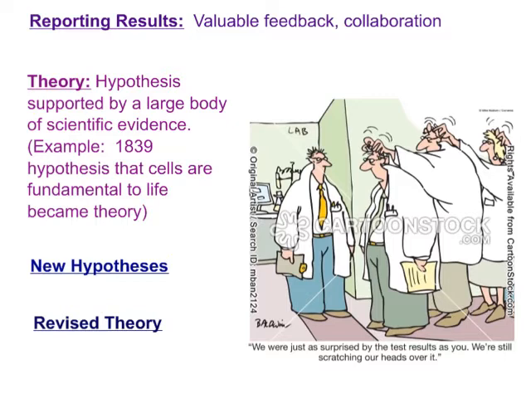Now, as we continue on through the scientific method and through our experimental design, one very important thing is we need to report our results. Valuable feedback and collaboration occur when we report the results.